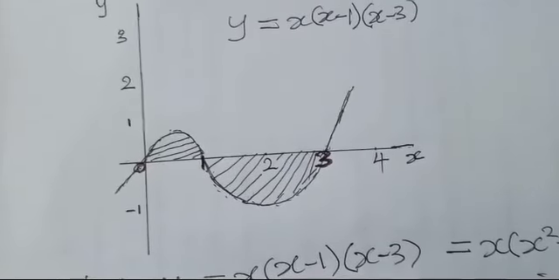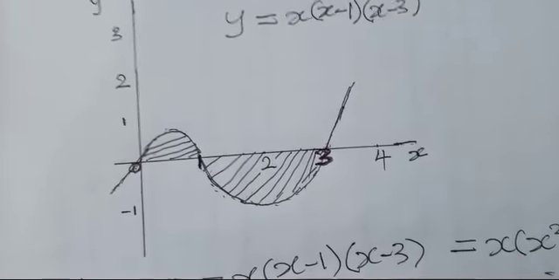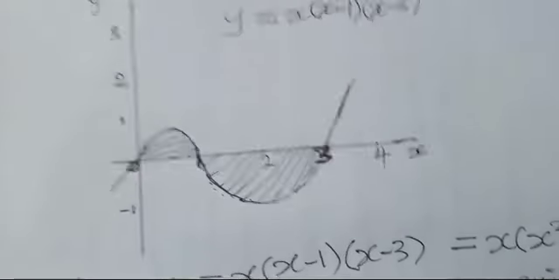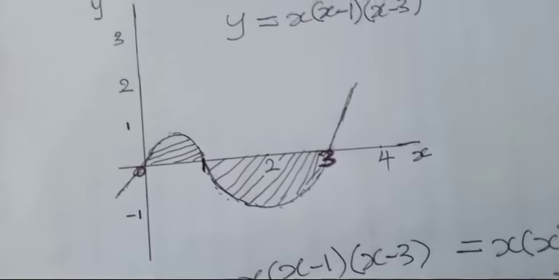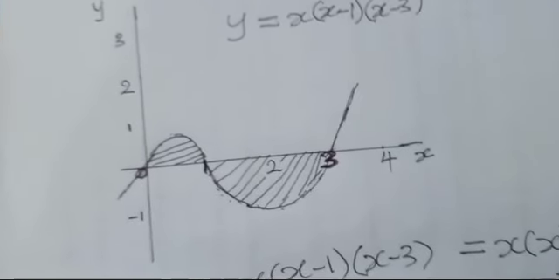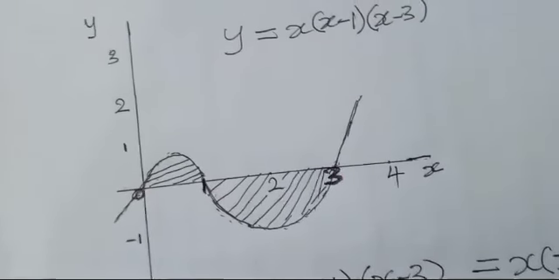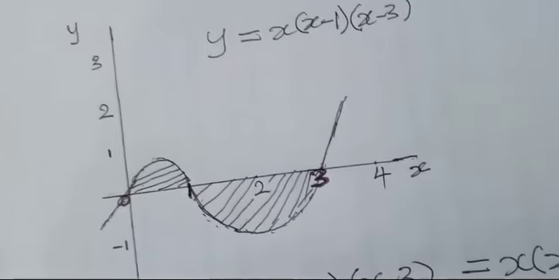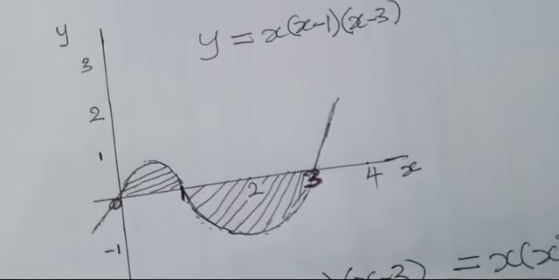Look at this point of intersection, y is 0, x is 0. At this point of intersection, x is 1, but y is 0. Finally, look at the third coordinate, y is 0, but x is 3. Now we have a sketch joining the coordinates together, giving us the beautiful graph. The area we are looking at is the shaded portion of the graph.